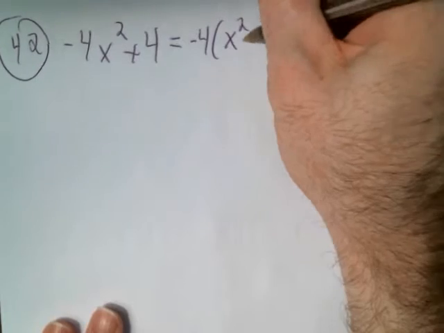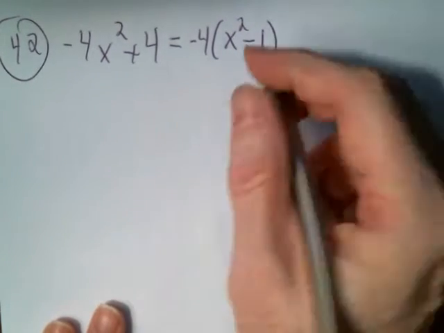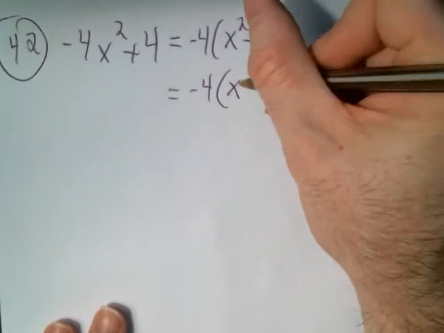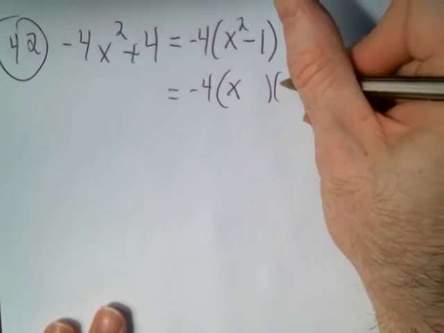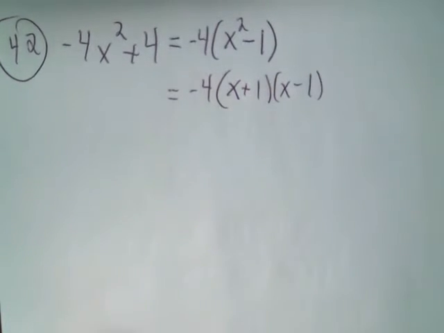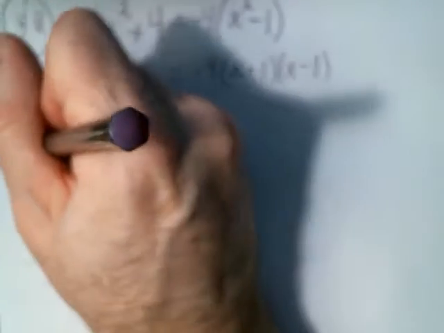I'm left with x squared minus 1. And then I can factor this guy down. So I'll have negative 4 times x and x, so it'll be plus minus 1, 1. Okay, so that's our first form. Let's look at the next type, the perfect square trinomial.